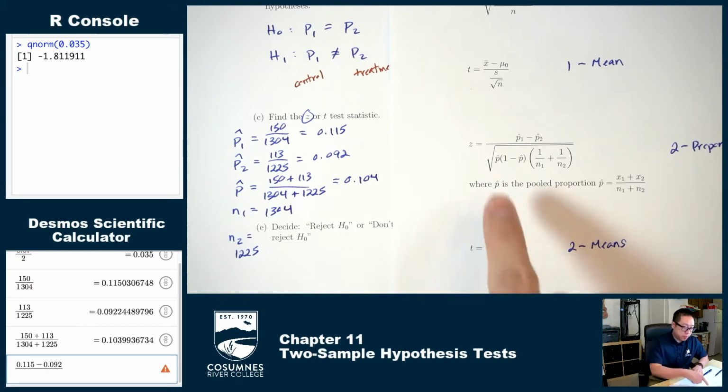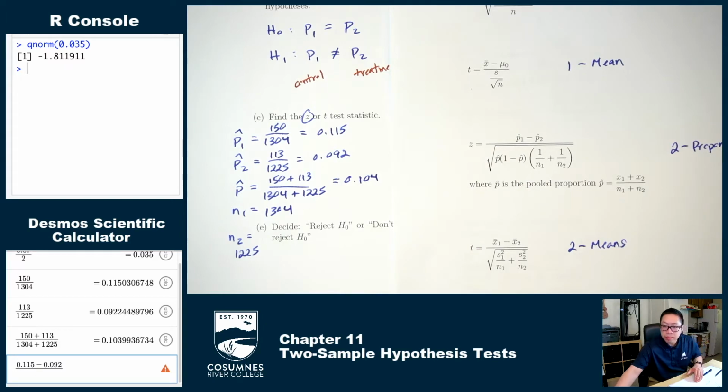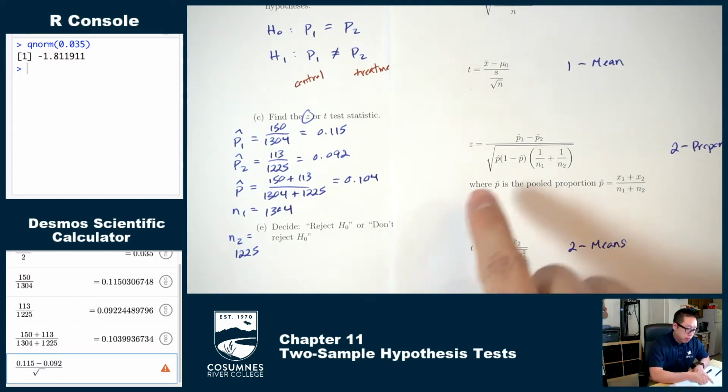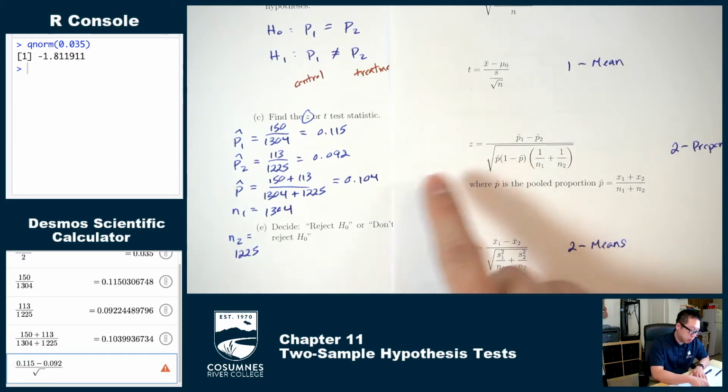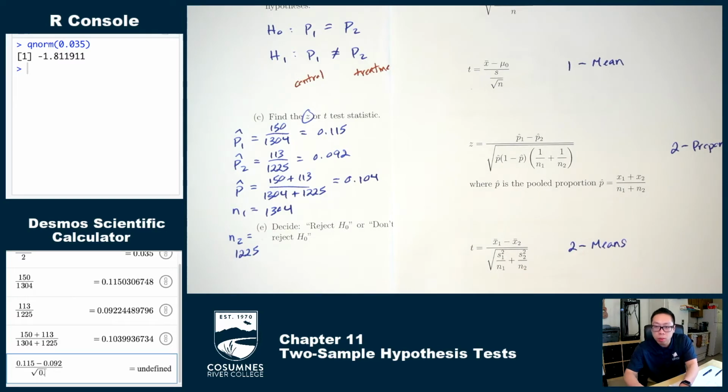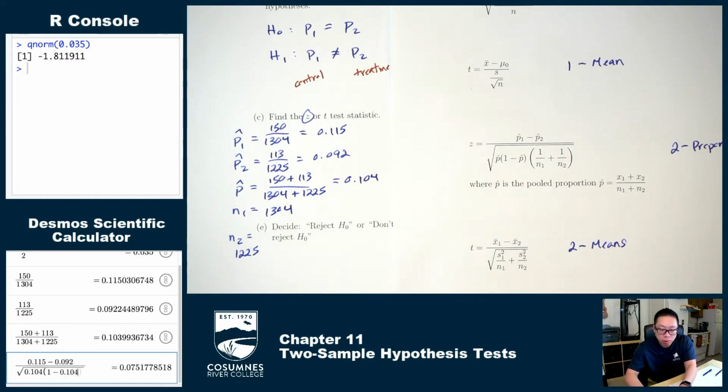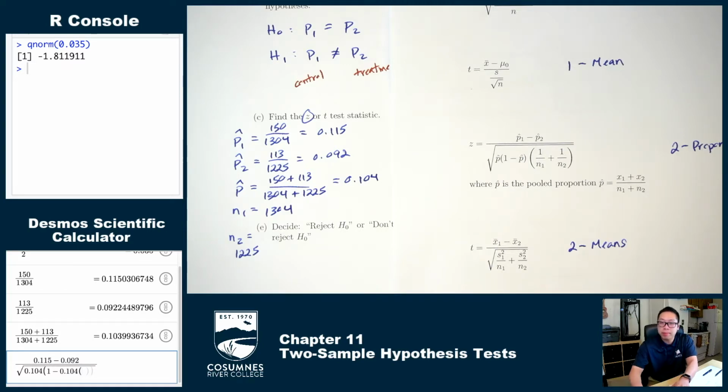On the bottom, square root. So square root P hat, and in parentheses, 1 minus P hat. So P hat is 0.104, parentheses, 1 minus 0.104, close parentheses.